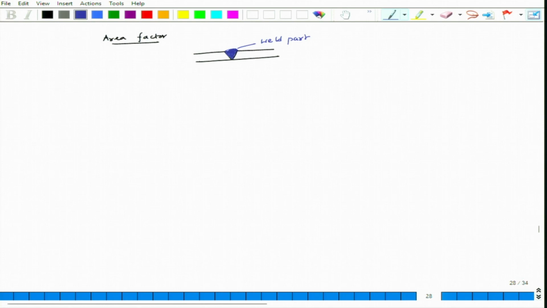One is this top part should be grounded. Then things will become like this. Right? And this is the modification. And now here this is the part which is to be welded.